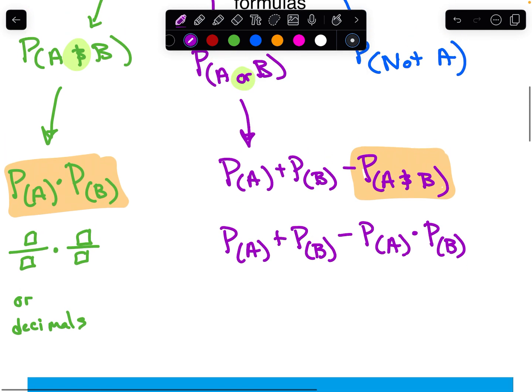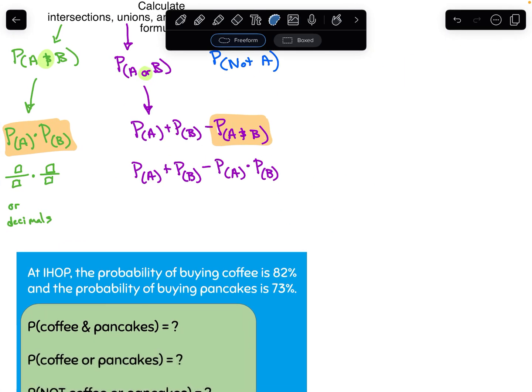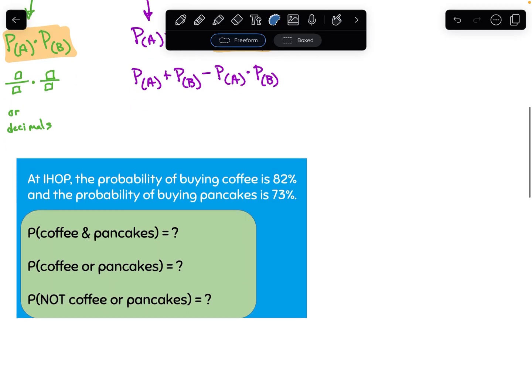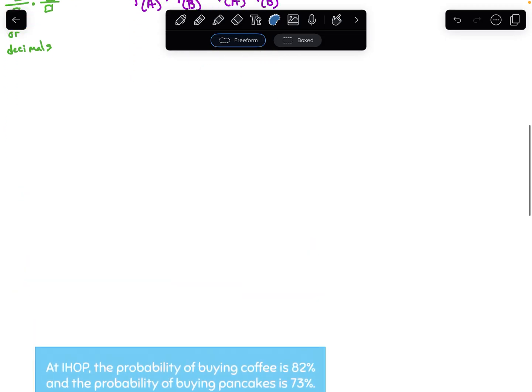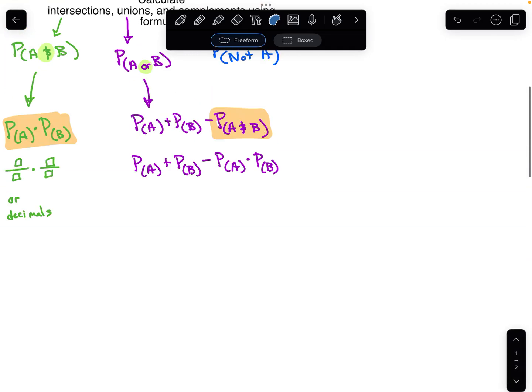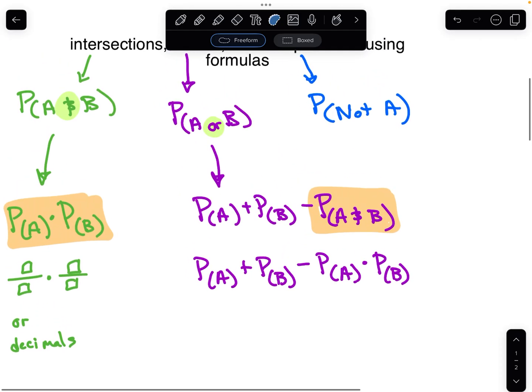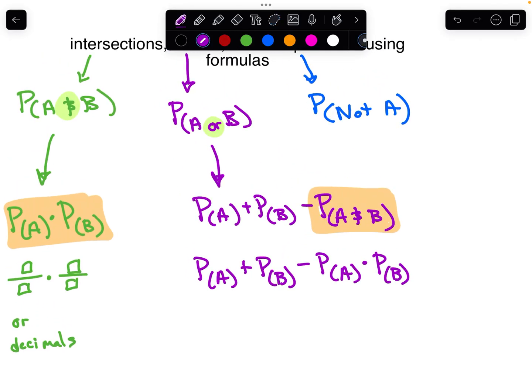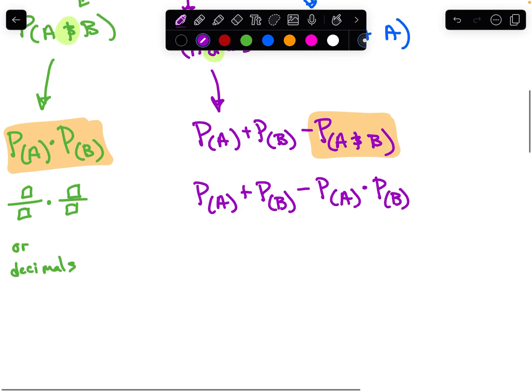Now, if two events cannot occur together, if they are mutually exclusive, for example, you cannot be on Honor Society and have an F in a class at the same time.